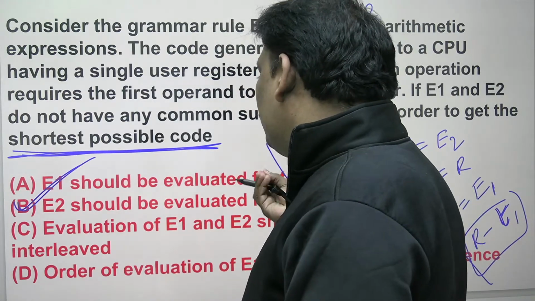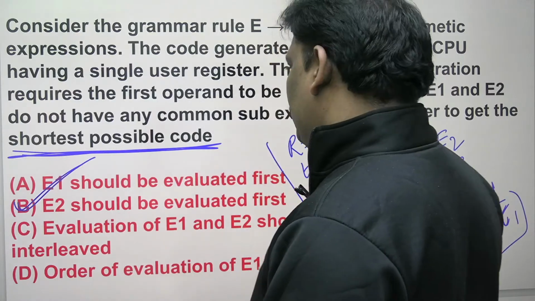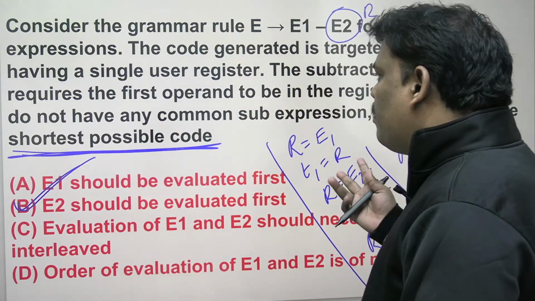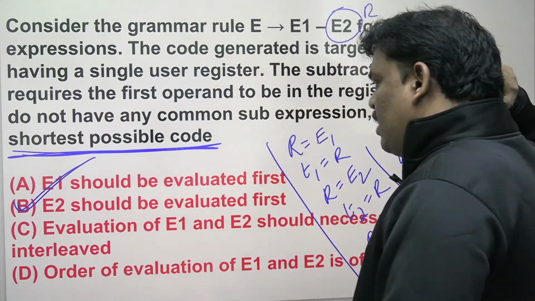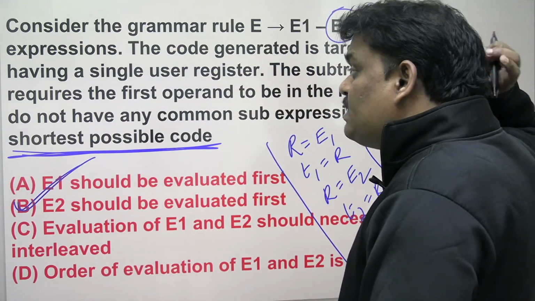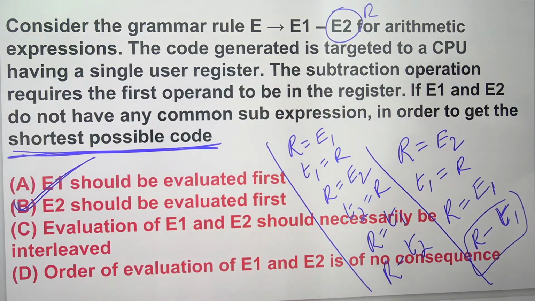Single user register means only one register is there. To do any operation, you have only one register. So if there are two operands, only one operand should be in the register, the second one is not required. But which operand? He said the first operand should be there in the register. Everything he clarified. The code generated is targeted to a CPU having a single user register.